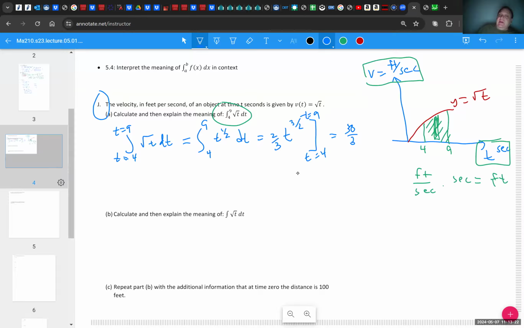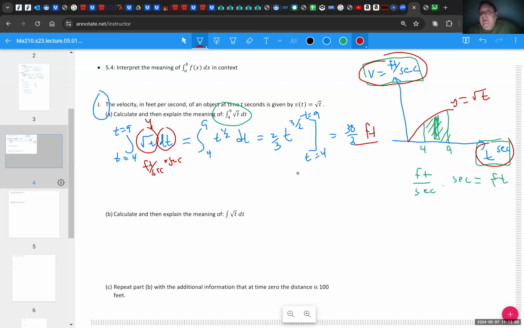Now this area is measured in feet. You can see this because the square root of t is the y, or v, which is measured in feet per second, and dt is the t, which is measured in seconds. As I just showed, feet per second times seconds is equal to feet. So that's the value of the definite integral.